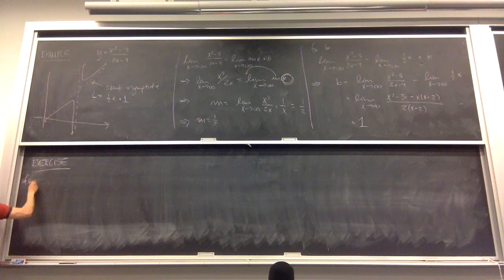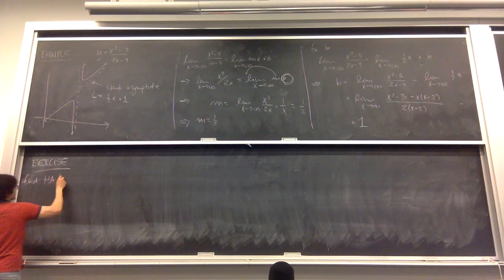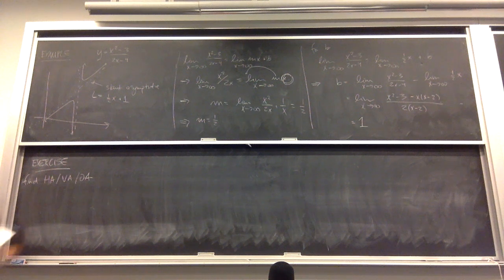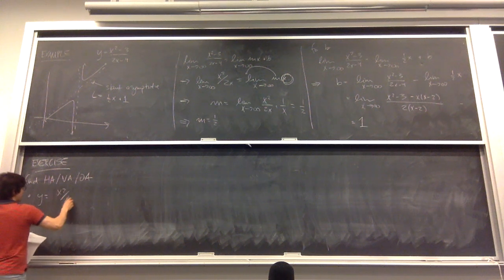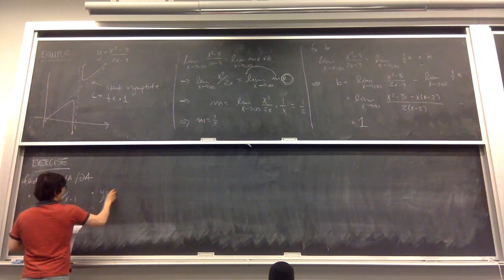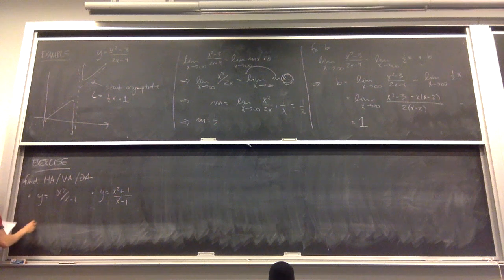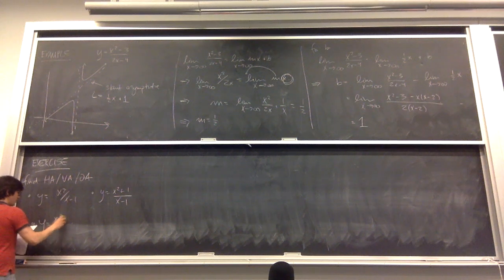Find the horizontal asymptotes, vertical asymptotes, and oblique asymptotes for the following. y is equal to x squared over x minus 1. y is equal to x squared plus 1 over x minus 1. And y is equal to x cubed plus 1 over x squared.